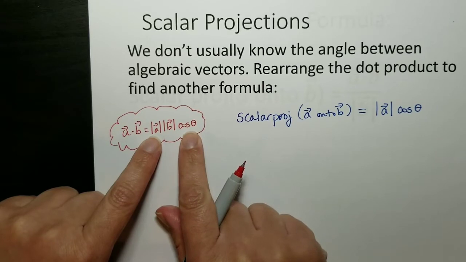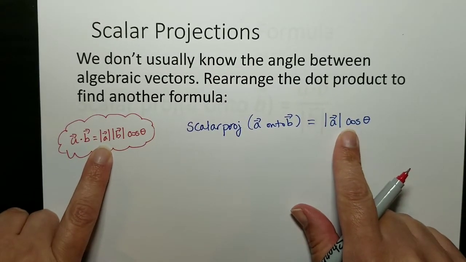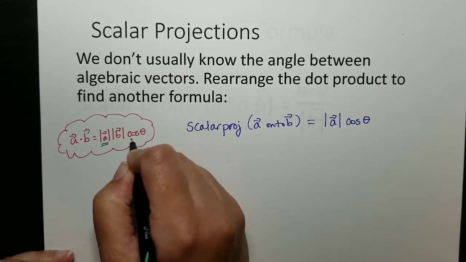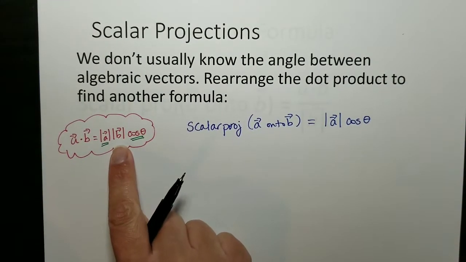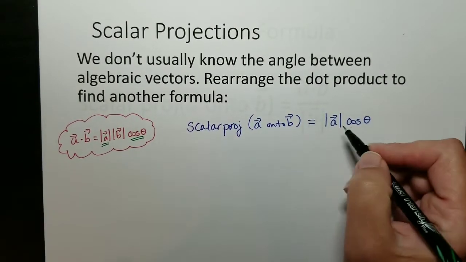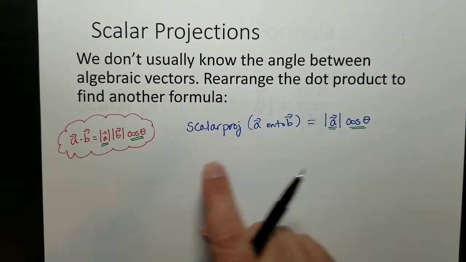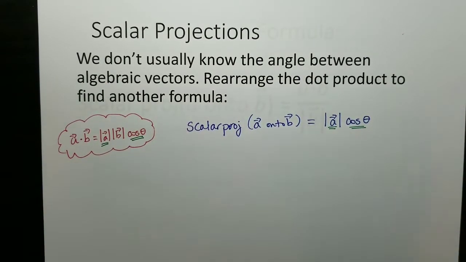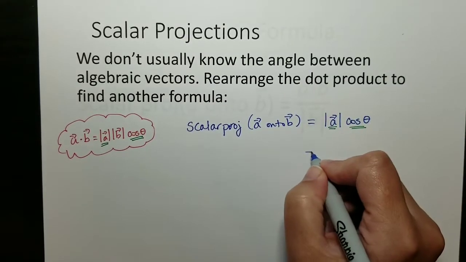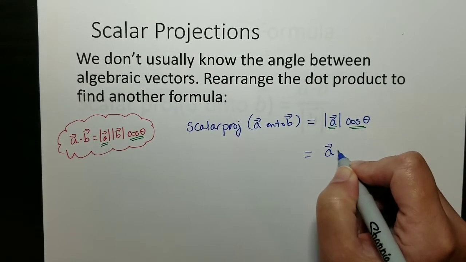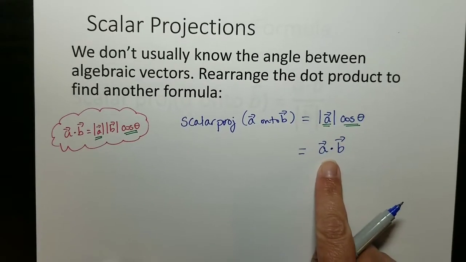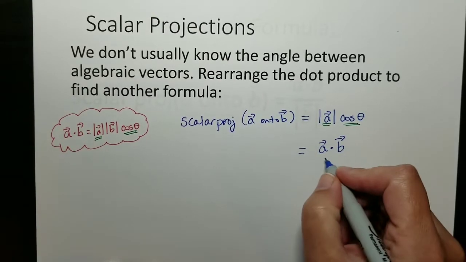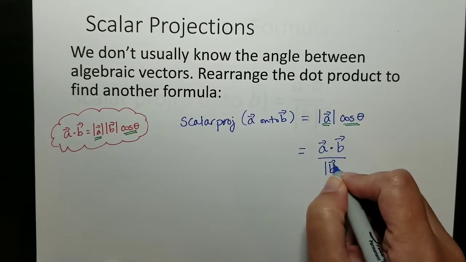I want two of those three things in my projection equation. I want the magnitude of A and the cos theta, but I want to get rid of the magnitude of B. So this is actually equivalent to A dot B, except that we had an extra magnitude of B in there. So I'm going to divide out the magnitude of B.